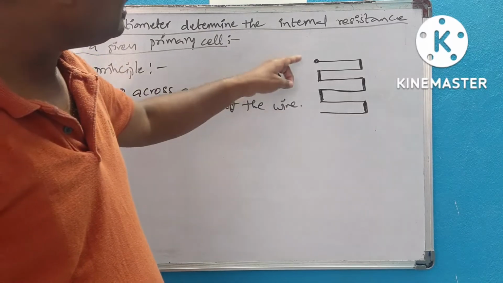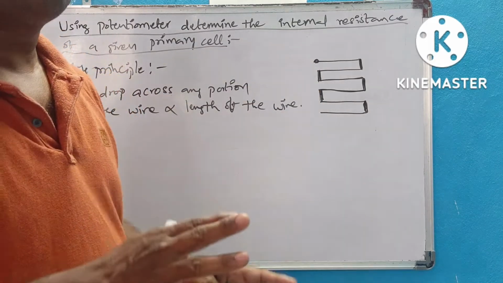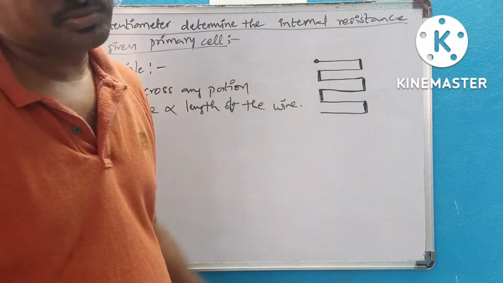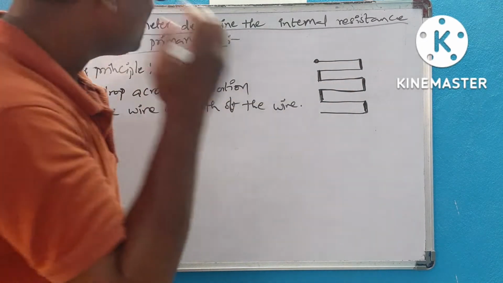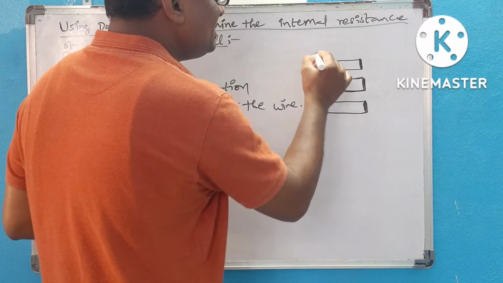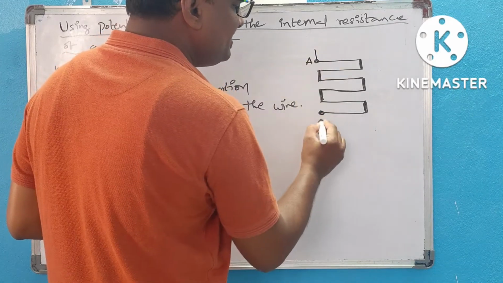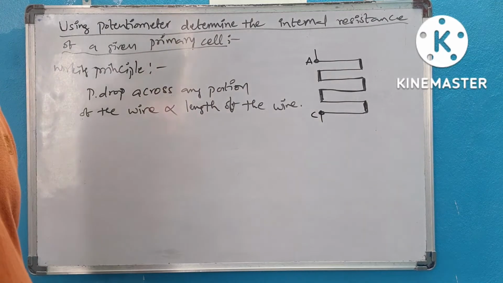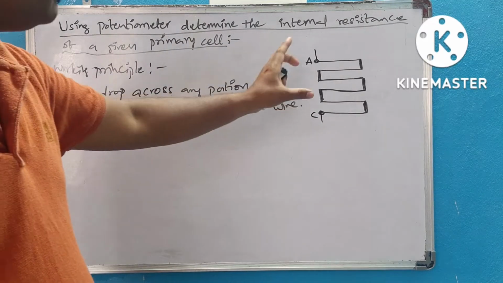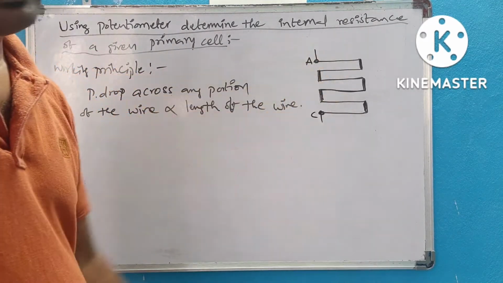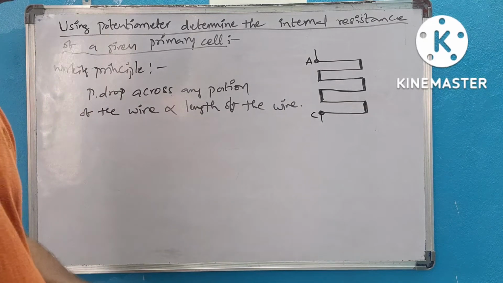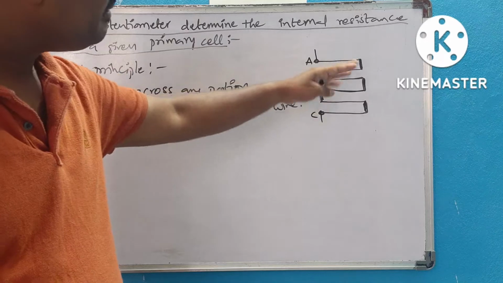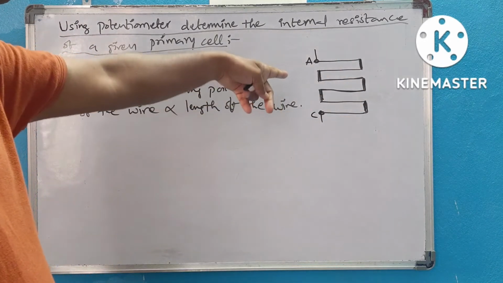Here this is point A and this is point C. From A to C is the conducting wire, equally cut and connected to the strips.